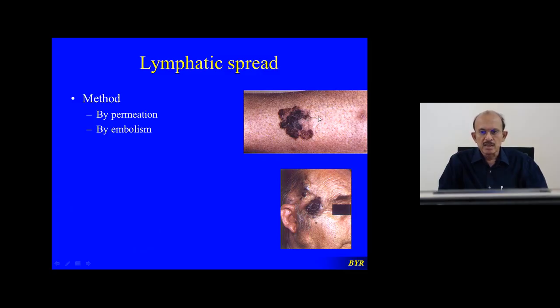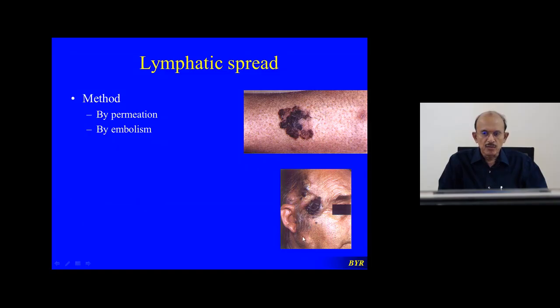So the tumor is migrating or proliferating along the wall of the lymphatic vessel, and here and there, in between, it forms deposits. These are called satellite nodules or in-transit nodules. Here you can see this is the main lesion.